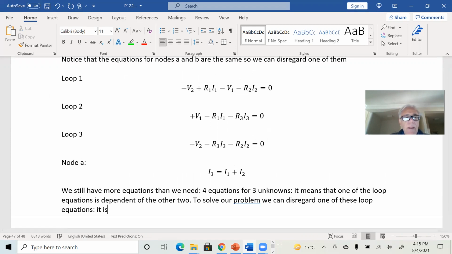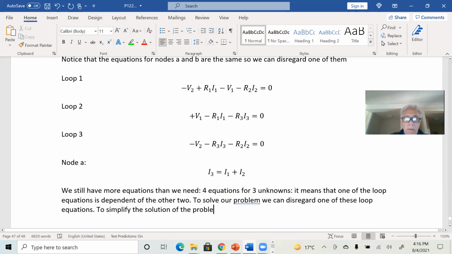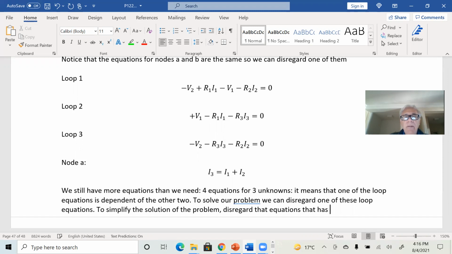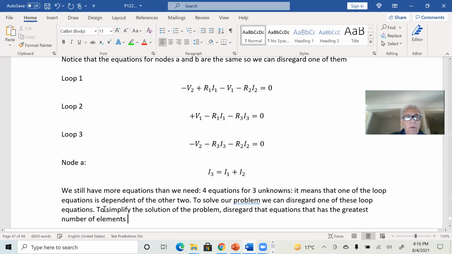It is more convenient to simplify the solution of the problem. Disregard that equation that has the greatest number of elements, group 1.